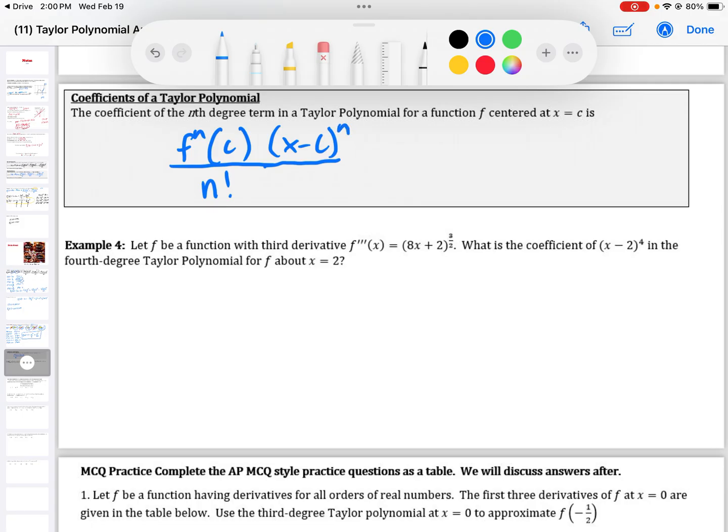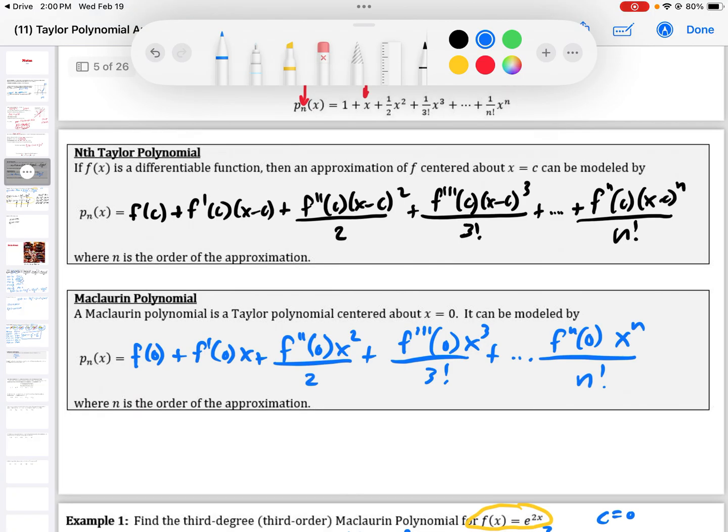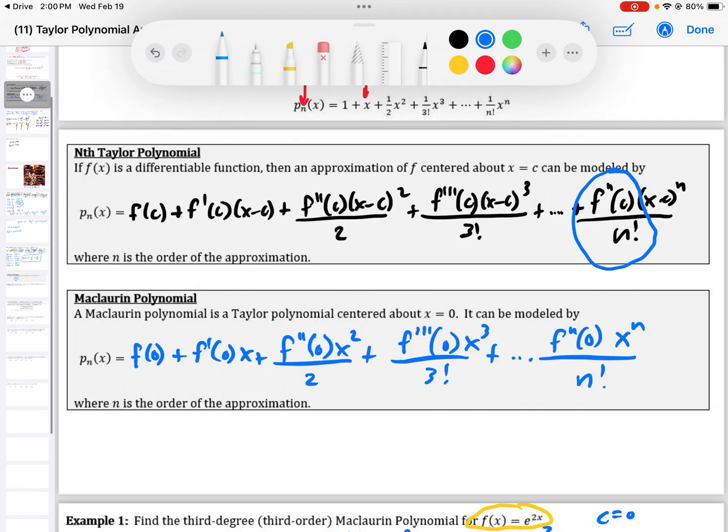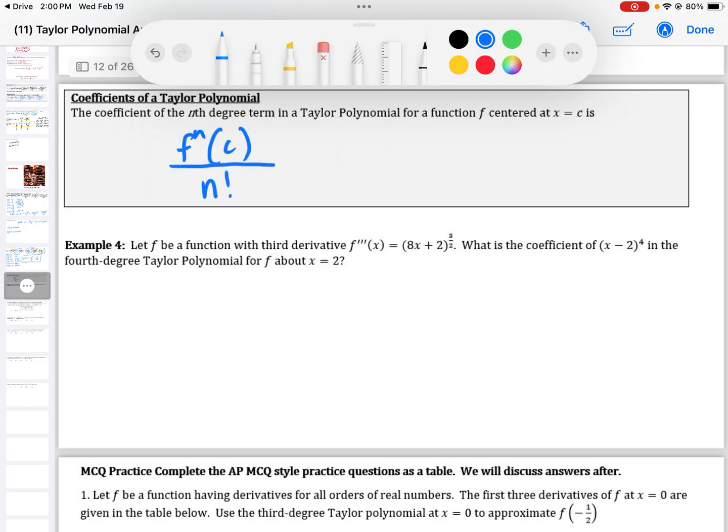Because the only part that's missing is x minus c to the power of n. So the coefficient is just that part right there. If anything, you just think back to the general form, and it's just this. Nothing too special.